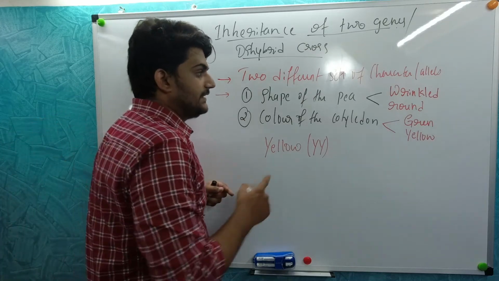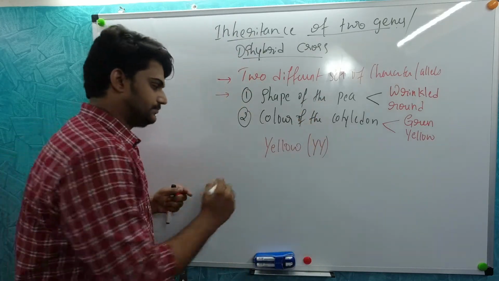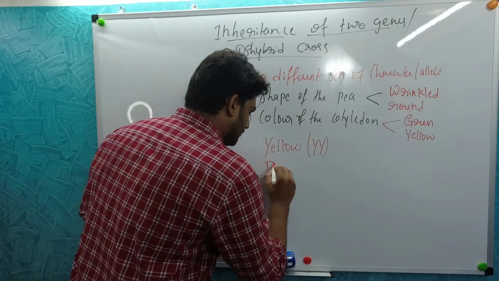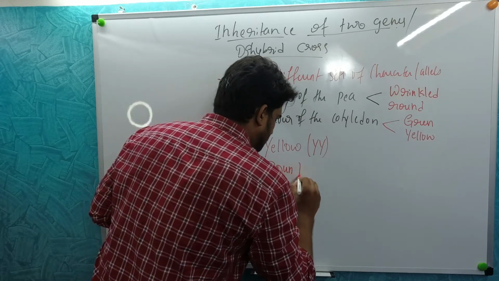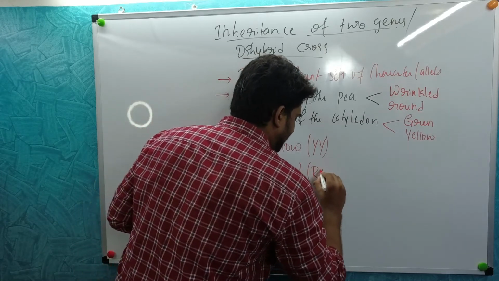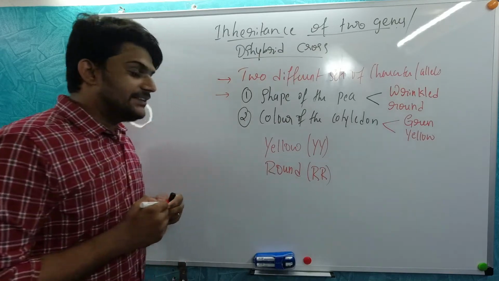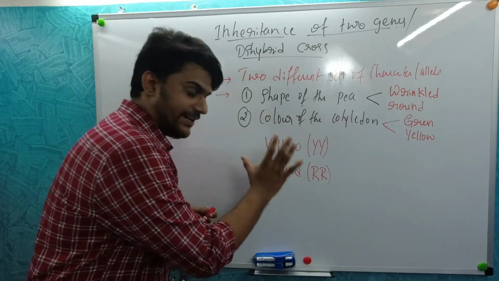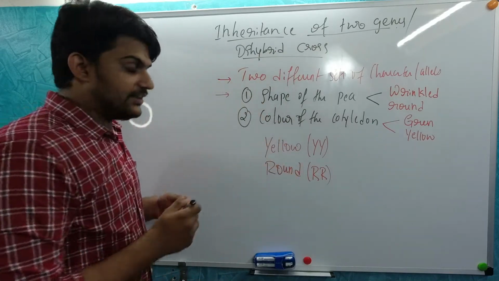Then comes round, capital R. These were the two dominant characters, which is why I have written them in red for differentiation.